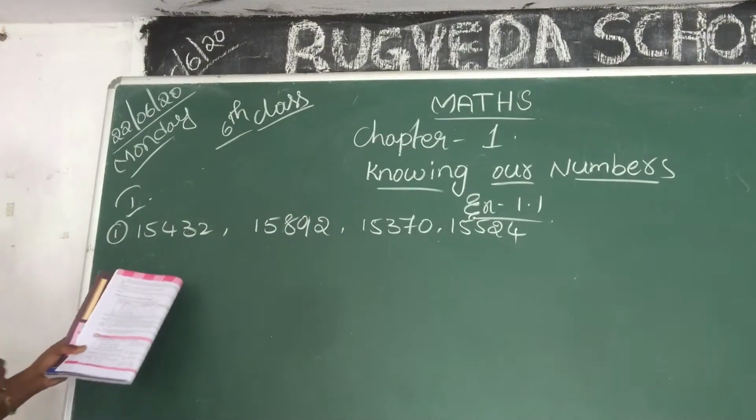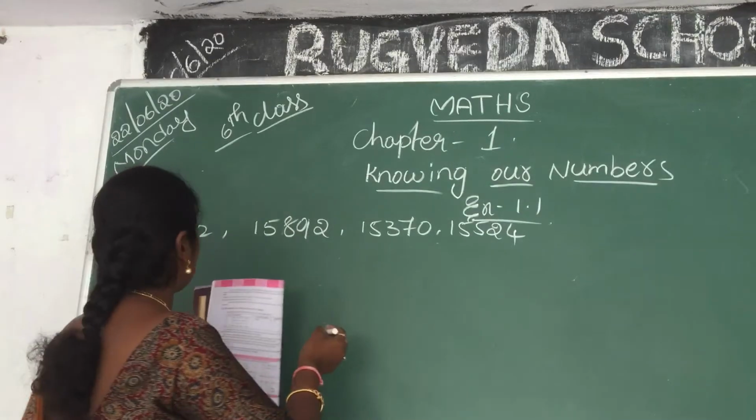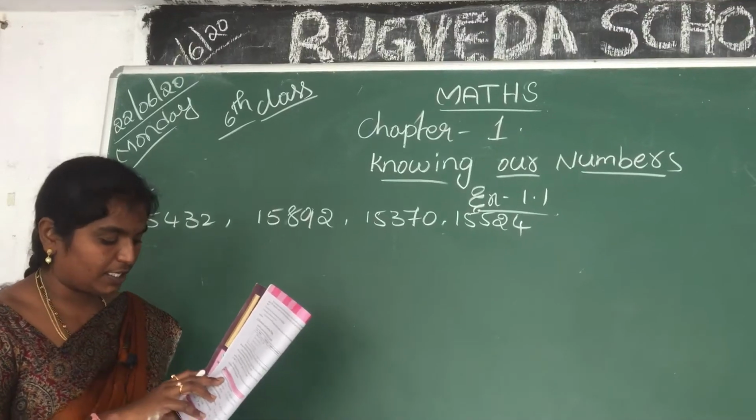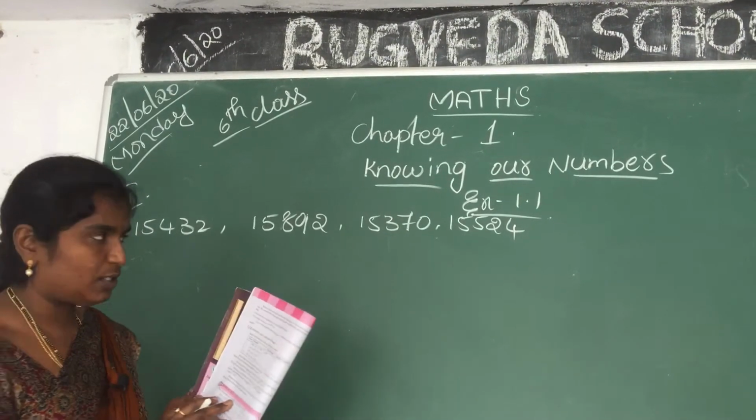Here given 4 numbers. This is a group of numbers. In this, we have to find out which is the greatest number and which is the smallest number.